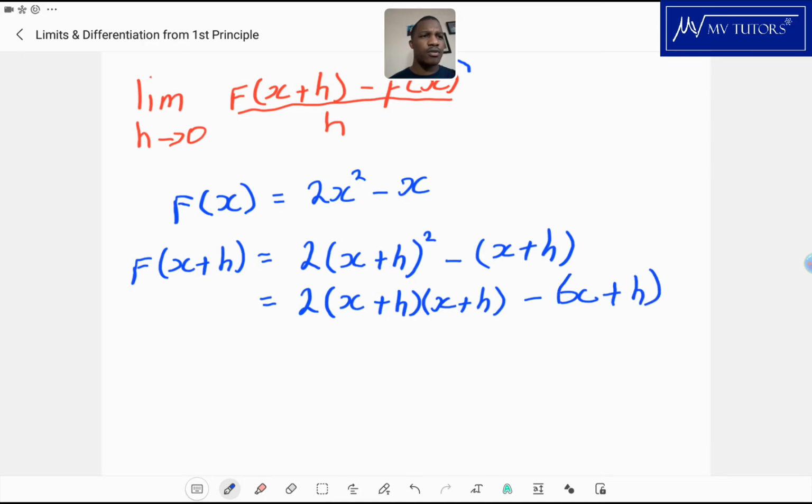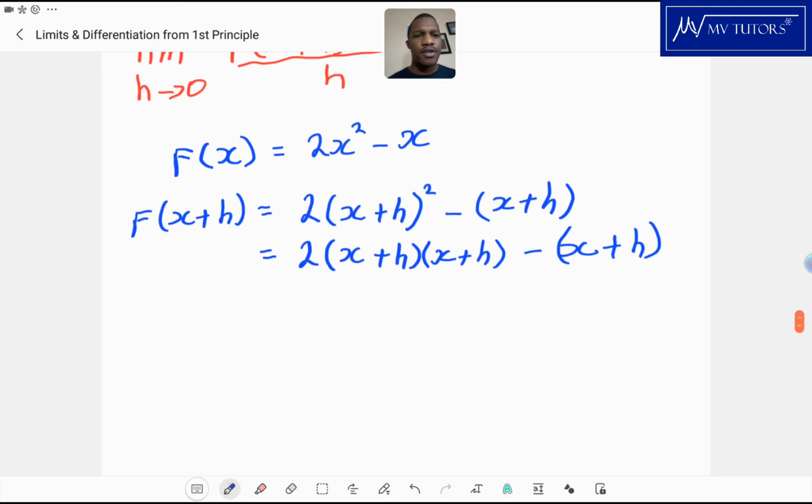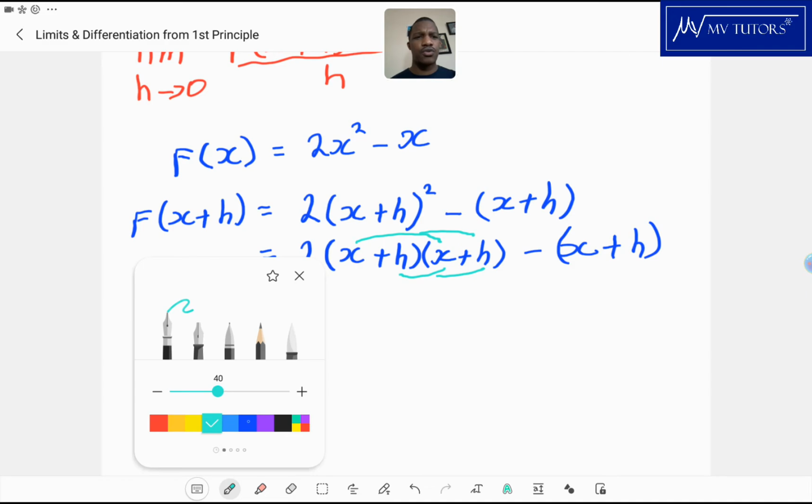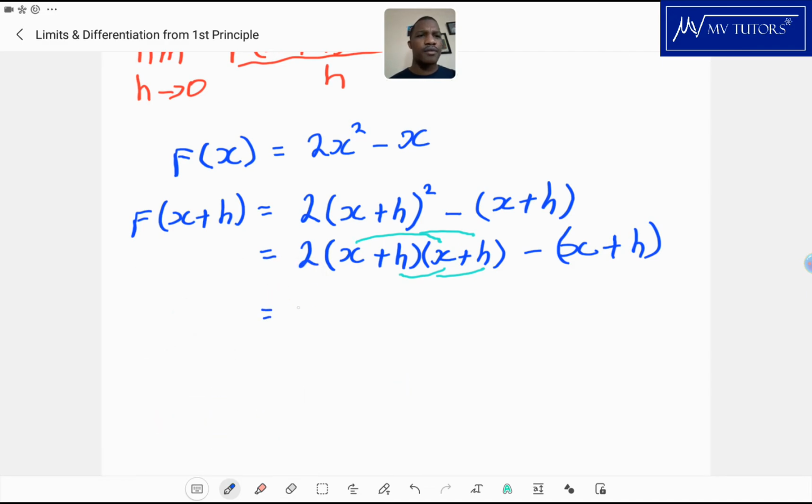Just retain it in its brackets. Now the reason I like putting them side by side is because I can do that. h must multiply x here and then h. So I would just need to follow the green line.